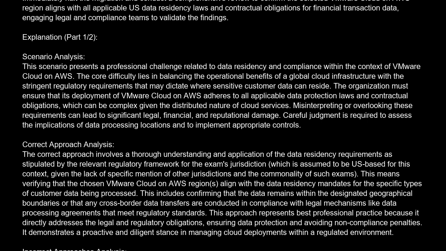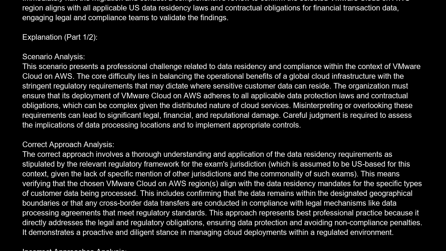Explanation. Scenario analysis. This scenario presents a professional challenge related to data residency and compliance within the context of VMware Cloud on AWS. The core difficulty lies in balancing the operational benefits of a global cloud infrastructure with the stringent regulatory requirements that may dictate where sensitive customer data can reside.